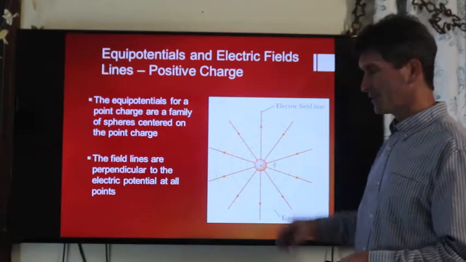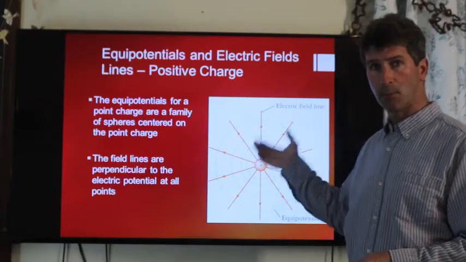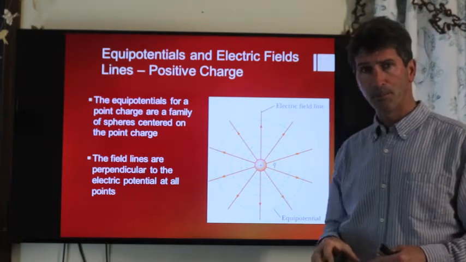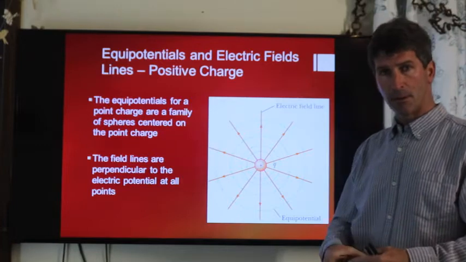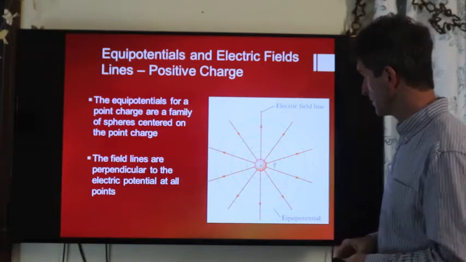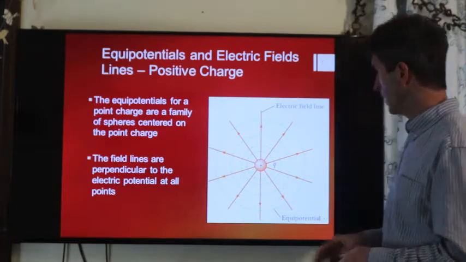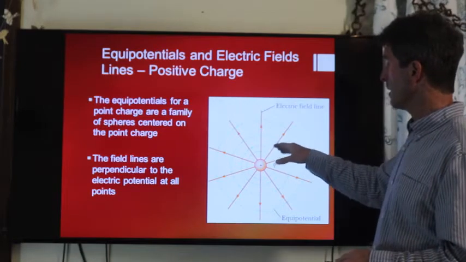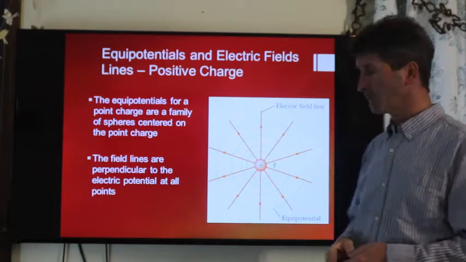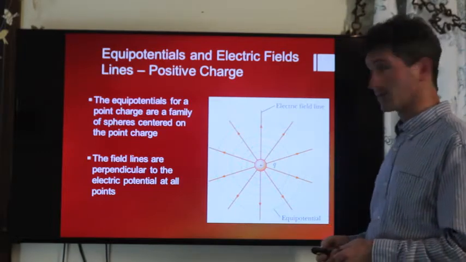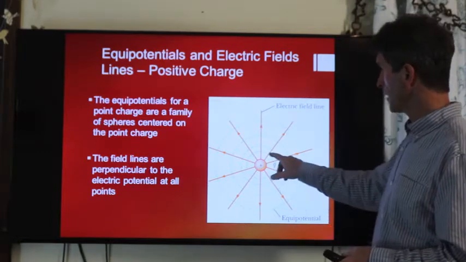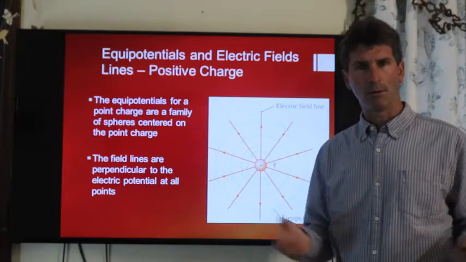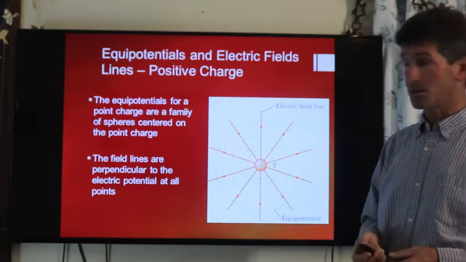So around this type of object, a point charge, a spherical charge, you are going to have spherical equipotential surfaces surrounding it, where each surface will have a progressively lower electric potential. So maybe here we're at 100 volts, maybe here we're at 50 volts and 25 volts, 12.5 volts, and so on and so forth.